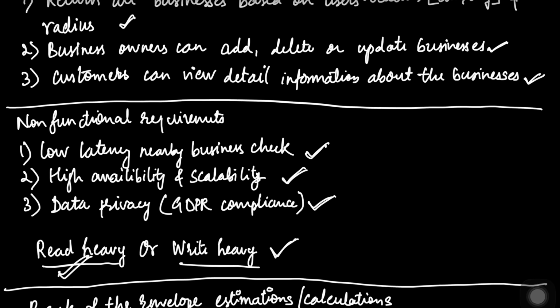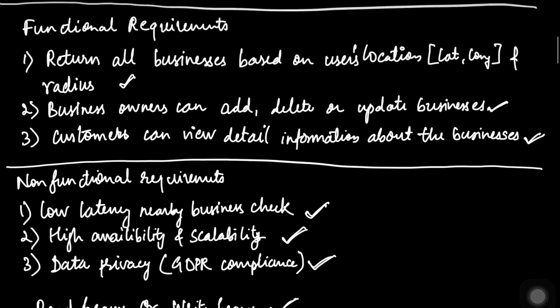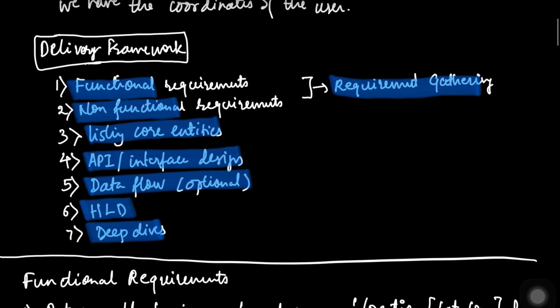Once we are done with the functional and non-functional requirements, I also want to quickly tell you that it is never that easy going into the interviews when you try to follow the delivery frameworks. Certainly interviewers will have questions in between whenever you write something or try to explain something. So the overall aim of this video was for you to understand the concept properly.